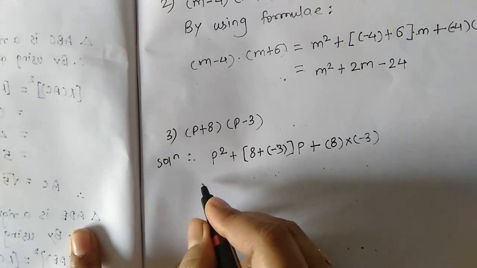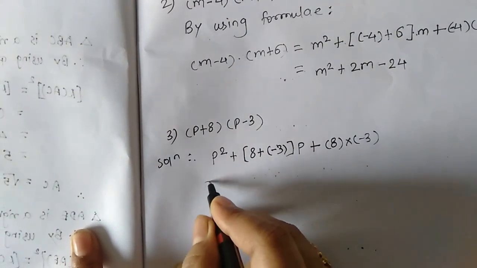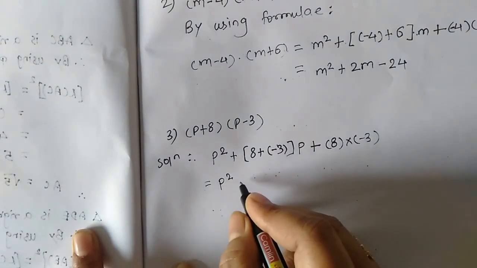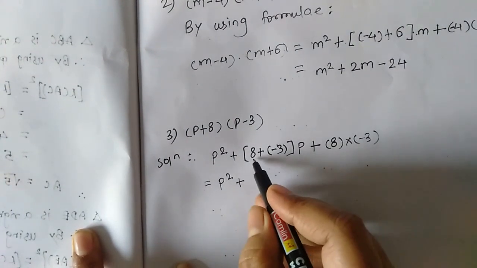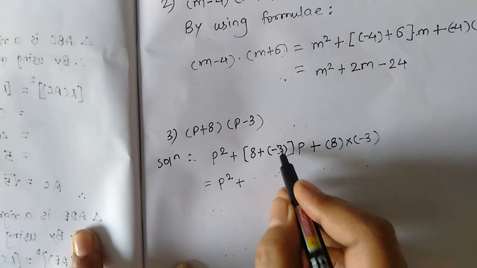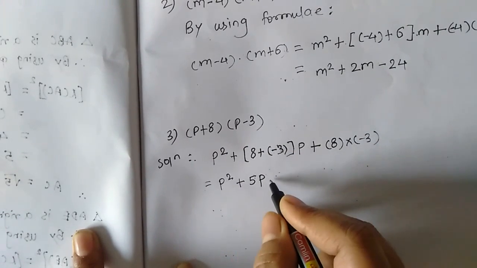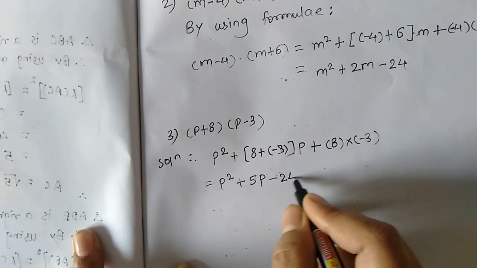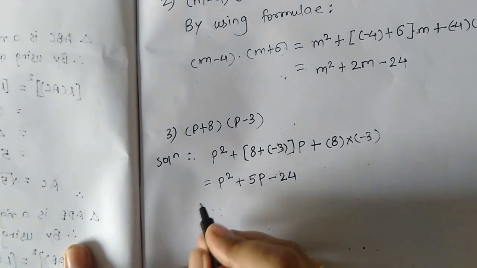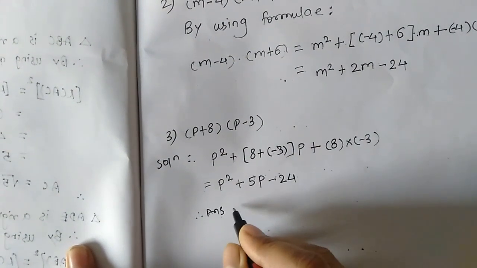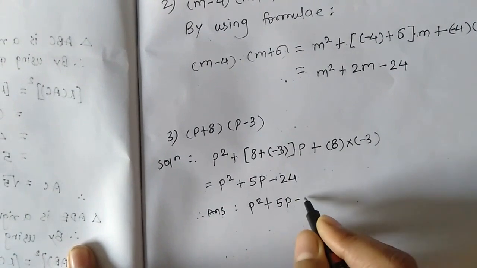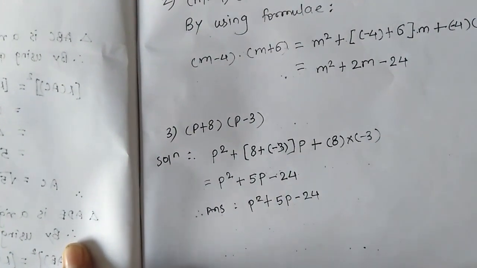Correct? So therefore p square as it is, plus 8 plus minus 3 means 8 minus 3 is 5p, minus 8 threes are 24, minus 24. So therefore the answer is p square plus 5p minus 24.